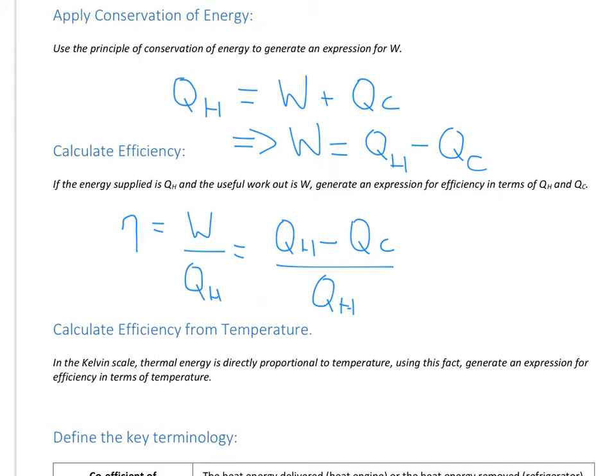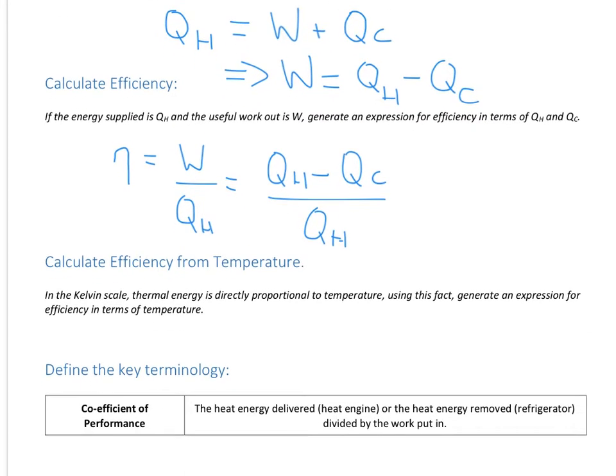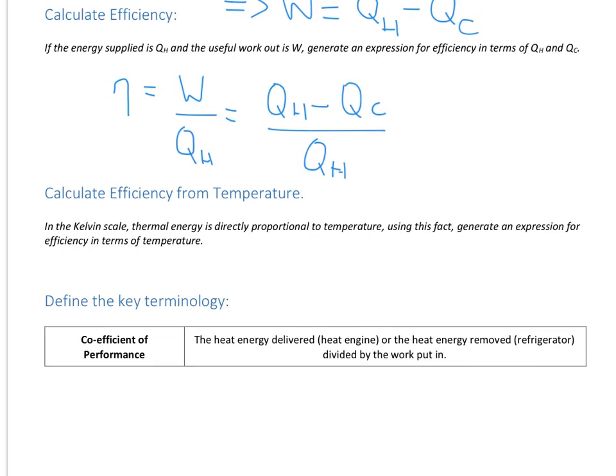What will be really useful is actually to look at this in terms of the temperature, because that's something we can easily measure. Measuring the energy given off is quite tricky. And because the energy delivered is directly proportional to the temperature, because hotter objects give off heat at a faster rate, and in a Kelvin scale they're directly proportional to each other, we can actually get this expression for efficiency in terms of the temperature of the objects.